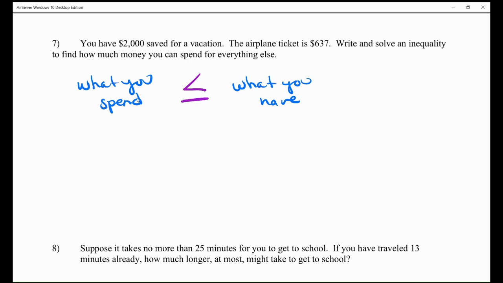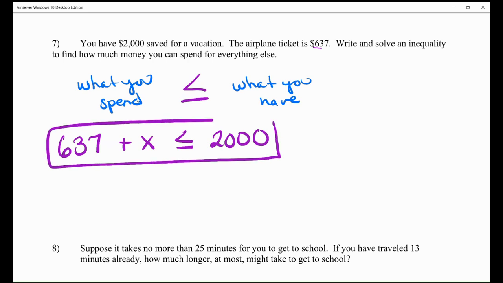Now for what you spend, we've already spent $637. We want to find out how much more we can spend, so we'll add x as a placeholder for that unknown amount, less than or equal to 2,000. So there's our inequality that models the situation.